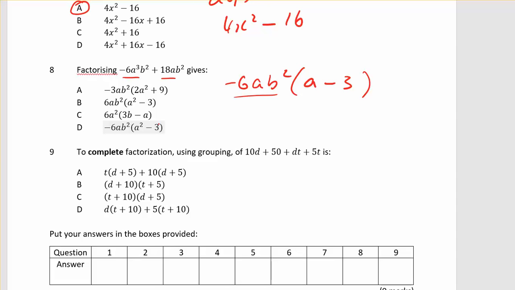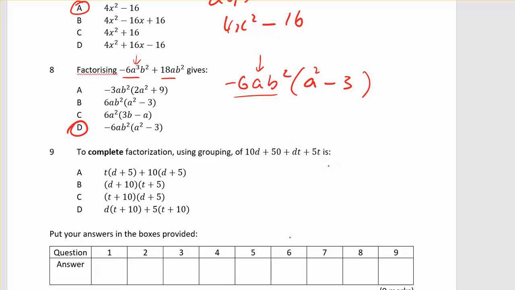None of the answers are actually there. Oh no, that's right. I made a mistake. There should be an a squared there because we've only got one a here, and they've got a cubed, so you need another 2 a's, or a squared there. So the answer is going to be D.